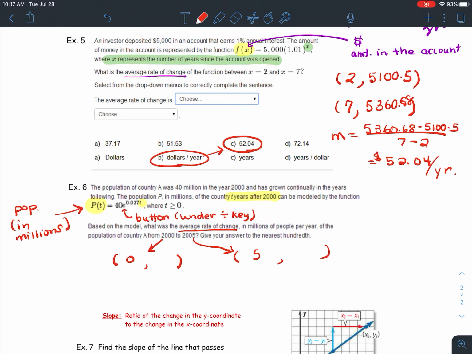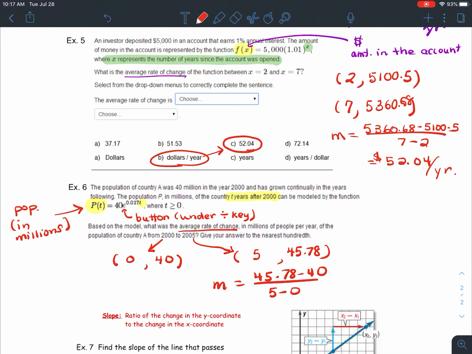You'll see a little e there. Then in the exponent, you'll put 0.027 times, and then you'll plug a 0 in once, and then a 5 in again. If we were to do that here, we get 40 for that, and we get 45.78 for this.